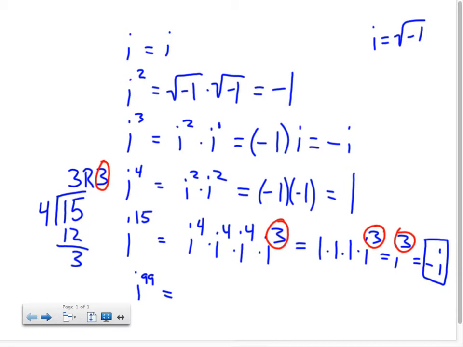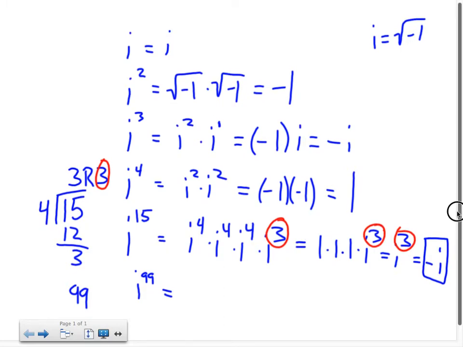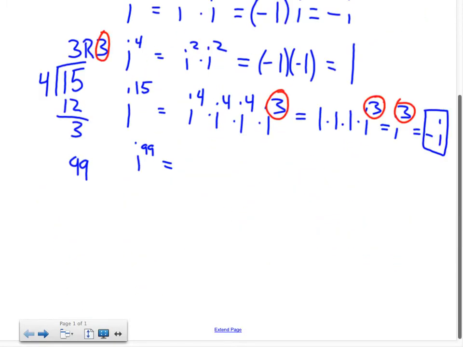So, we've got a bigger one down here. Let's test it out. i to the 99th power. So I'm going to write 99, and then I'm going to divide it by 4. 4 goes into 9 2 times. 8, 1, 9. 4 goes into 19 4 times. 16 with a remainder of 3.